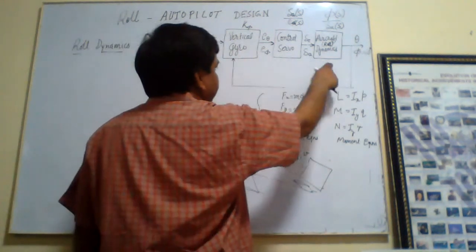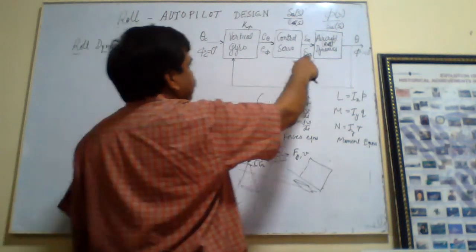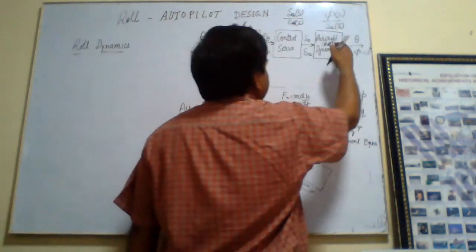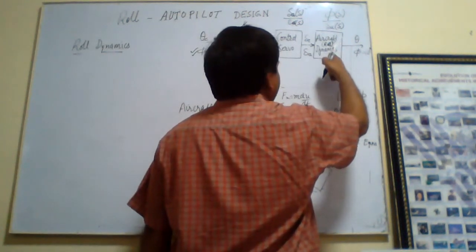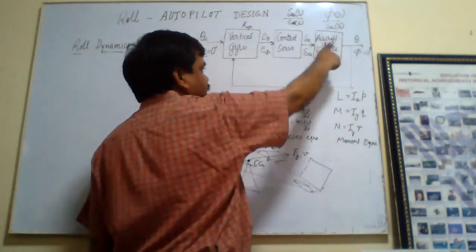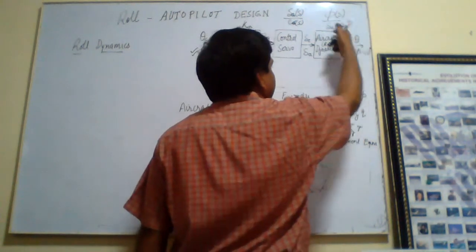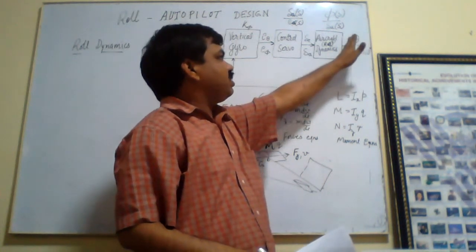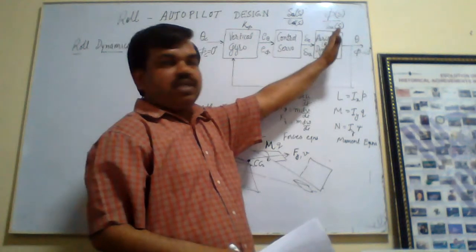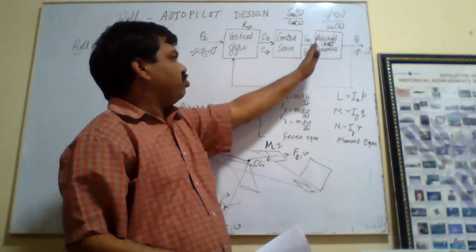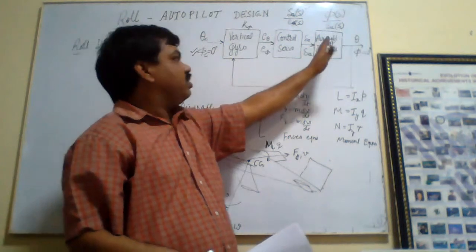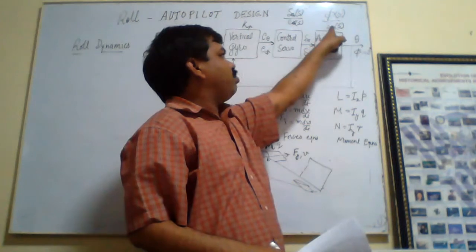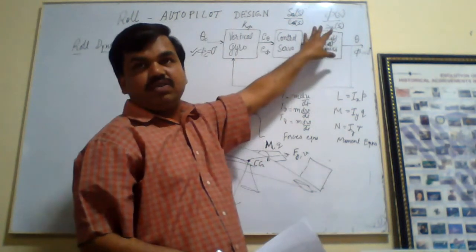Now to design this autopilot, let us say the roll autopilot, we need the equation or transfer function of these blocks. The transfer function of these blocks is the ratio of the Laplace transform of the output to the Laplace transform of the input.